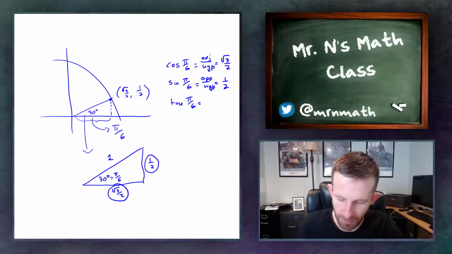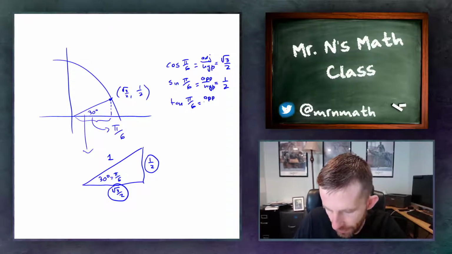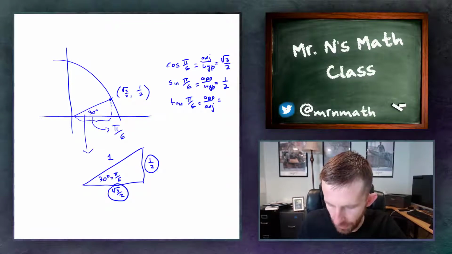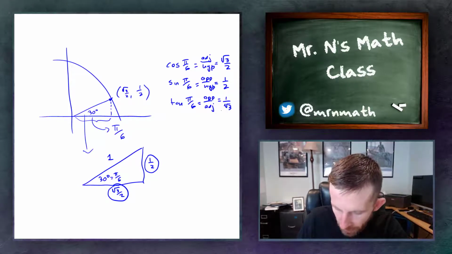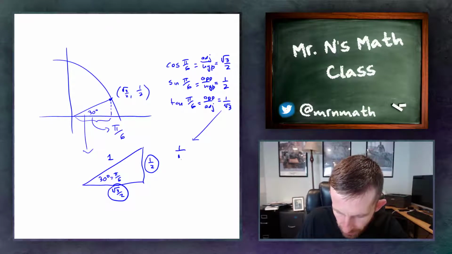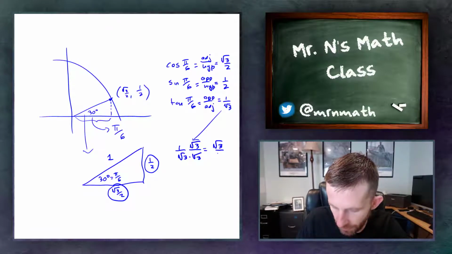And tangent of pi over 6 is opposite over adjacent, which is going to be 1 over root 3. If I rationalize the denominator, I multiply the top and the bottom by the square root of 3, and I get root 3 over 3.